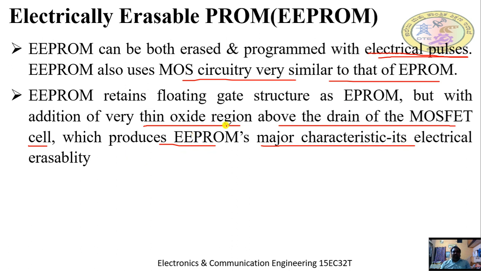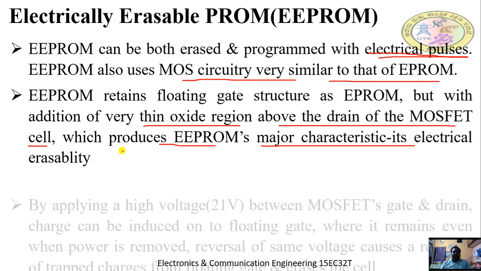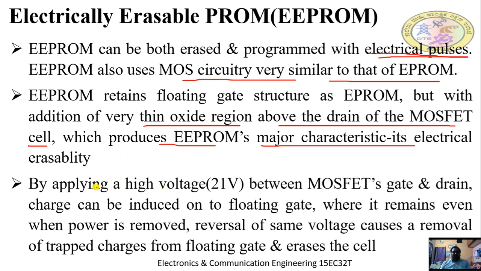Because of this extra thin oxide region added, we can electrically erase the content using some high current pulses. By applying a high voltage, typically around 21 volts, between the MOSFET's gate and drain, a charge can be introduced onto the floating gate, where it remains even when the power is removed.